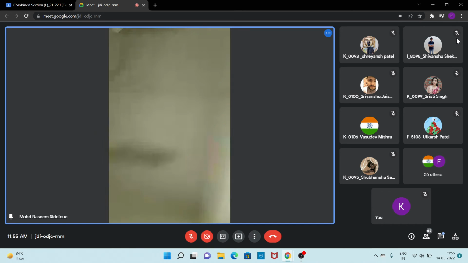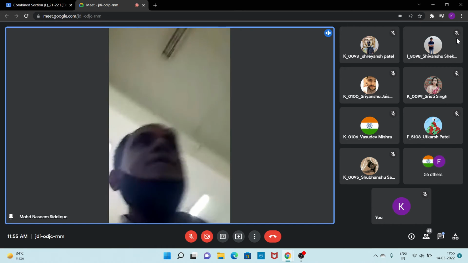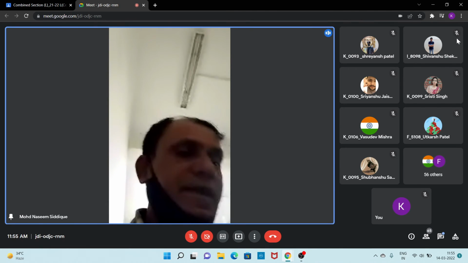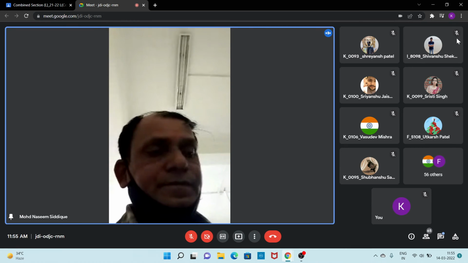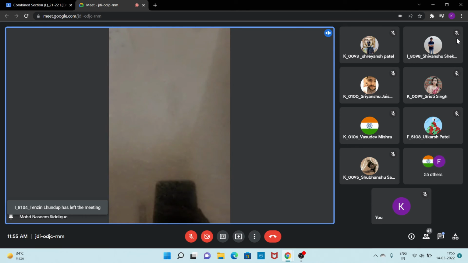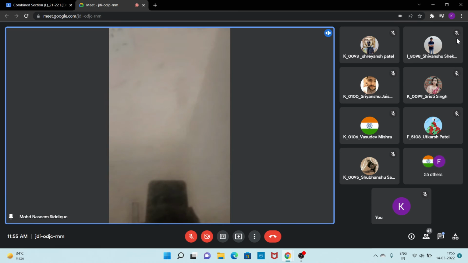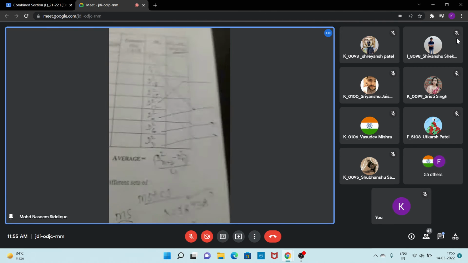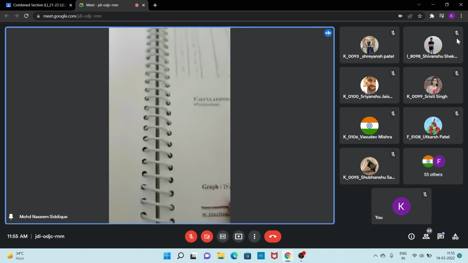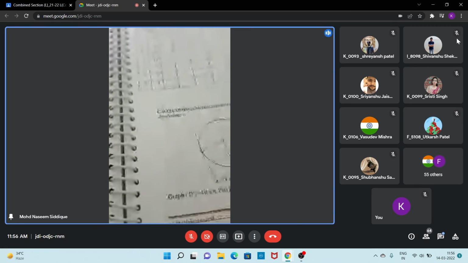Second way, you will apply the graphical method to find the radius of curvature. सो सेकेंड वे आपको क्या करना है, you will apply the graphical method. ग्राफिकल मेथड में you will plot a graph between D square n and 4 p lambda.